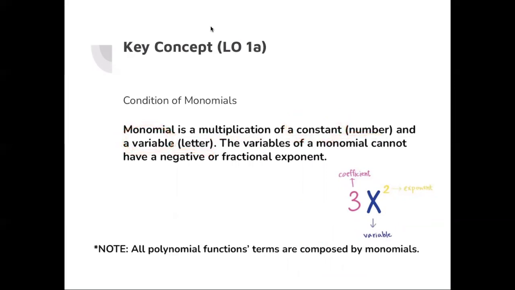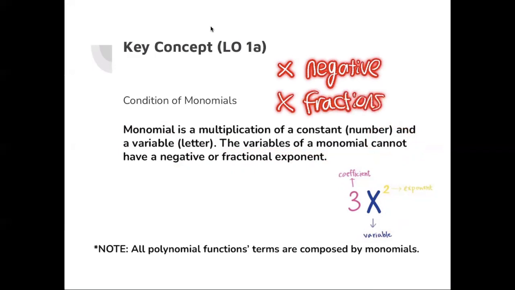We're going to look into some more conditions, which is that the variables of a monomial cannot have a negative or fractional exponent. So this is an example of a monomial. A monomial has an exponent, right? But one of the conditions is that the exponent can never be negative and can never be a fraction.